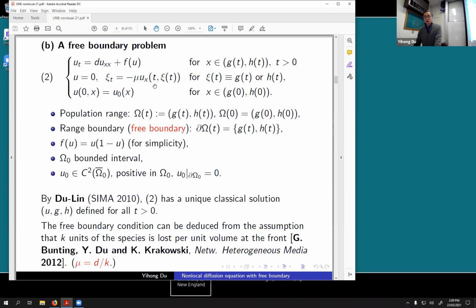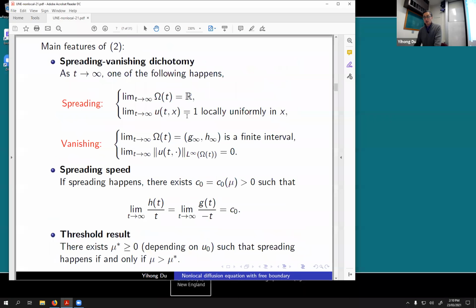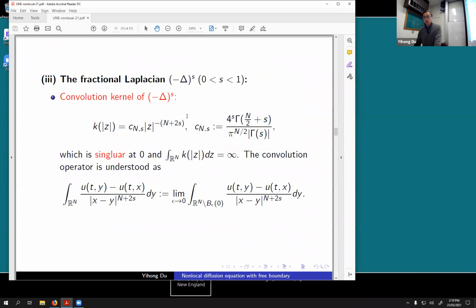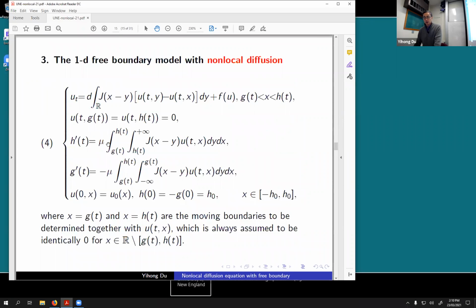Then, of course, we follow the same kind of ecological assumption, and the equation is changed because the diffusion process is different. If we make this change of diffusion operator, the free boundary condition is also changed accordingly by following the same ecological assumption. So that's the new problem.